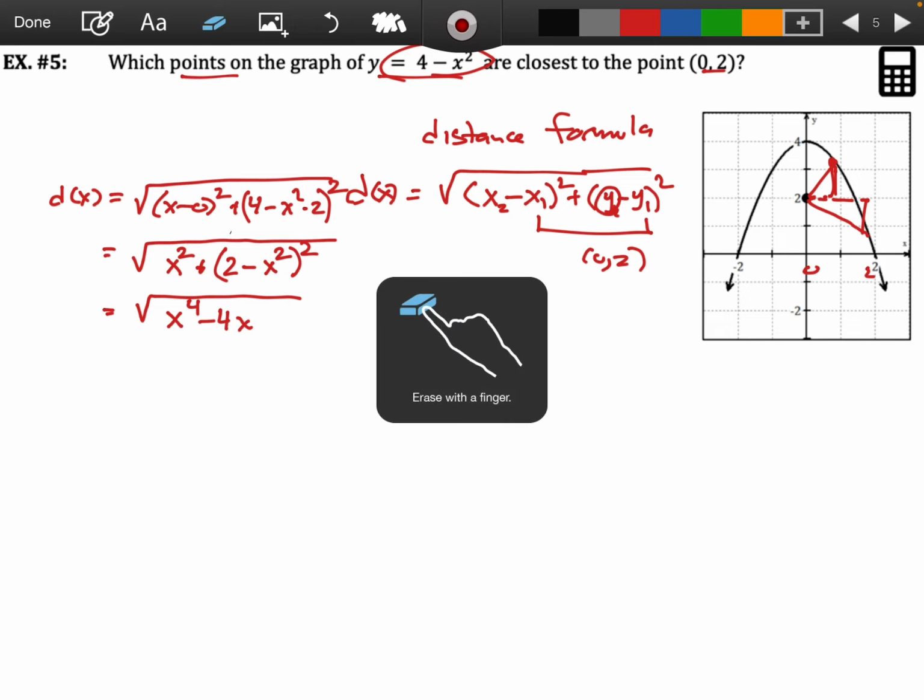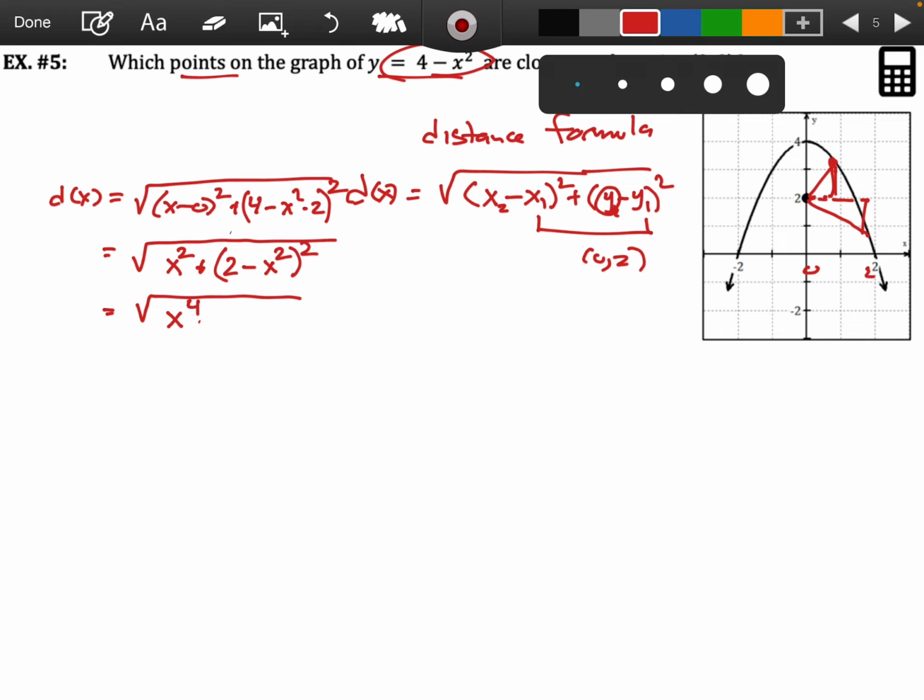Actually, after we simplify, it'll be minus 3x squared. So x to the 4th minus 3x squared plus 4. So we have our function, and now we want to derive it.